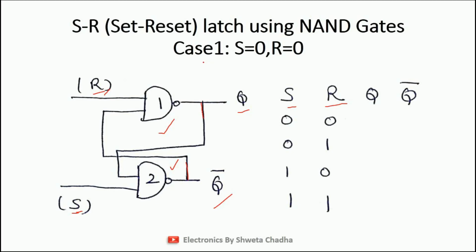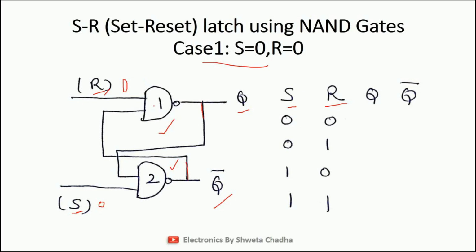Now I'm going to discuss case number 1. Case number 1 says when S is equal to 0 and R is equal to 0. So I have written both the signals to be equal to 0. As already discussed, students, when minimum one input is 0, in the case of NAND gate, output must be equal to 1.